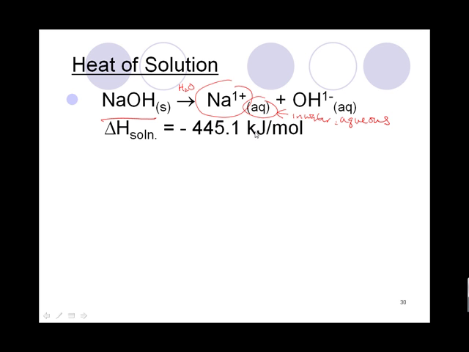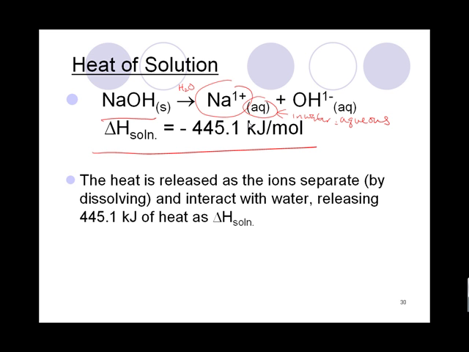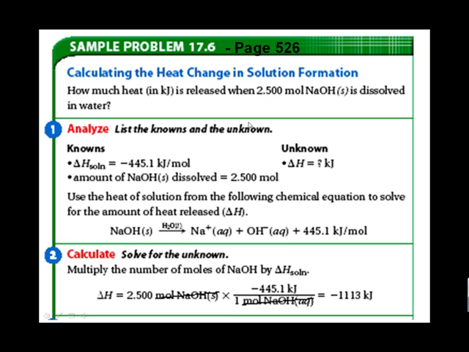You have Na and the OH that split and gives you a heat of solution of negative 445.1 kilojoules per 1 mole. So that's how much energy it releases for every 1 mole. The heat is released as the ions separate by dissolving and interacting with the water, and thus becomes so hot that it actually steams up.